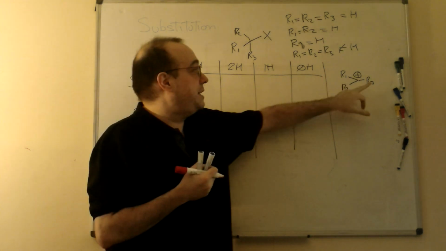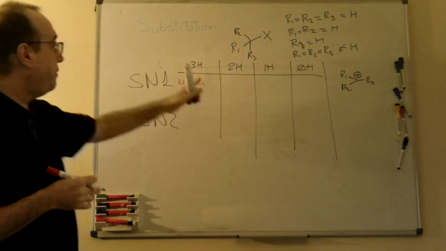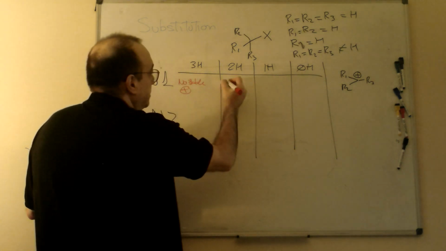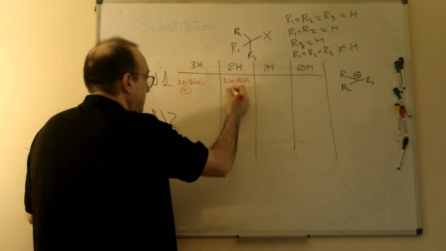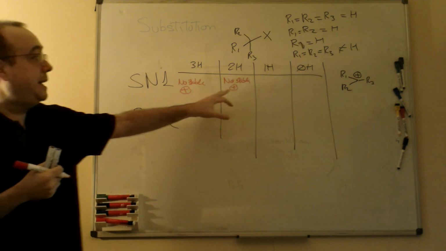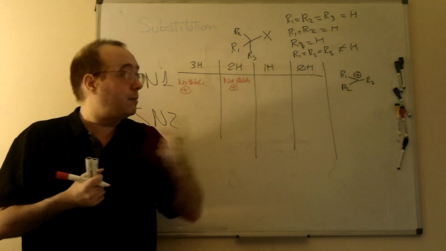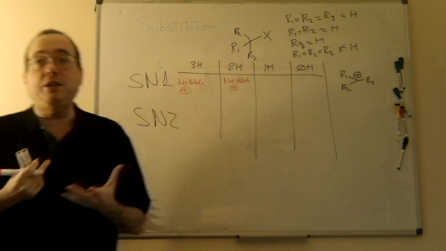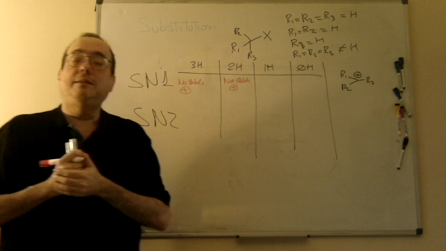Because three hydrogens are not stabilizing the positive charge. When we have two hydrogens, it is slightly more stable than with three hydrogens, but it's not enough. If we only have one carbon chain, it's not enough to stabilize the carbocation.